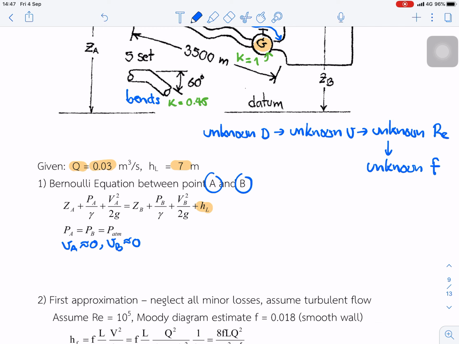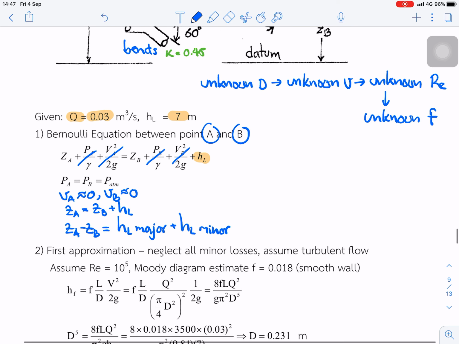So this can be cancelled. This cancelled. The rest is ZA equal to ZB plus the head loss. So the difference of elevation is equal to the head loss from major plus head loss from minor.